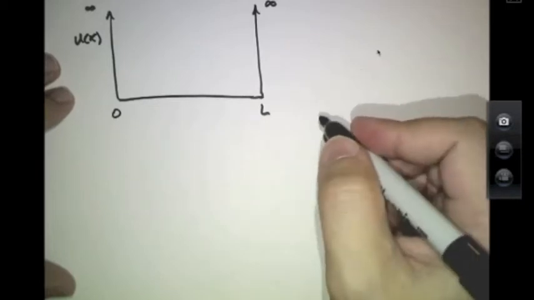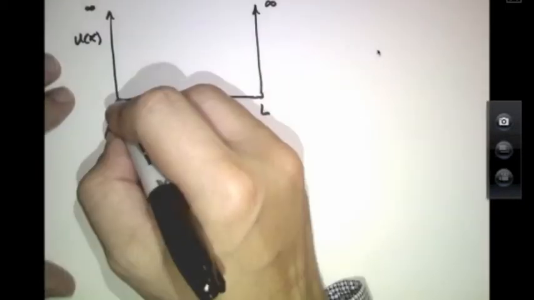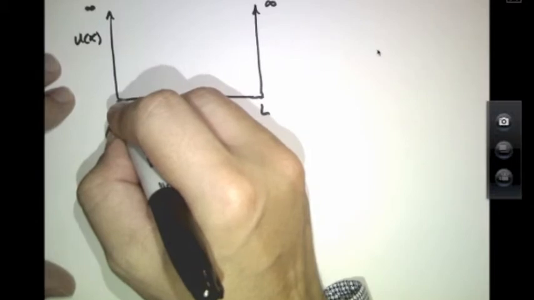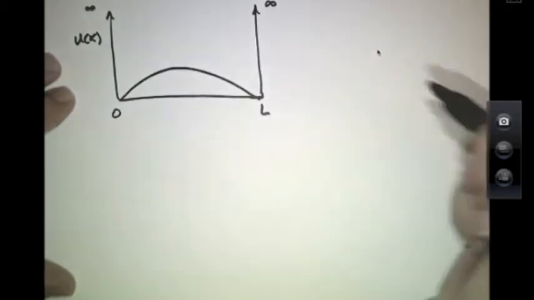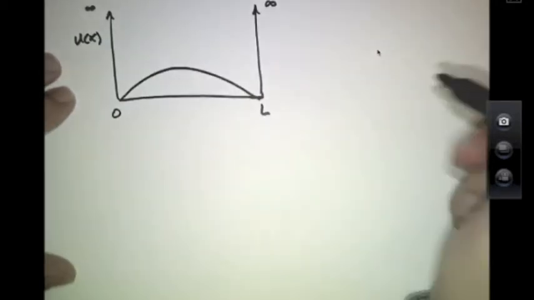The lowest ground state is just a sine function, sine of pi x over L. So it's going to look like that, where the wavelength is approximately 2L.